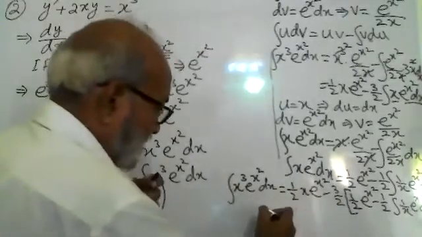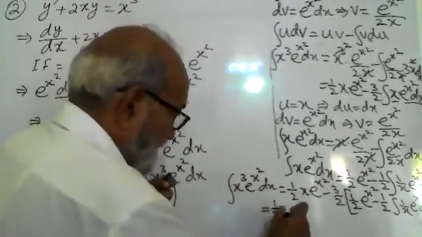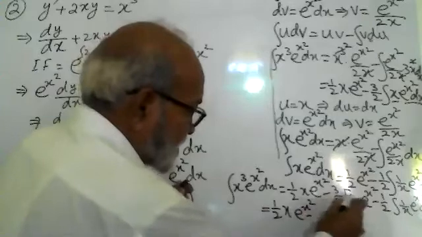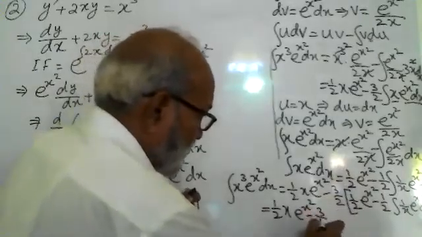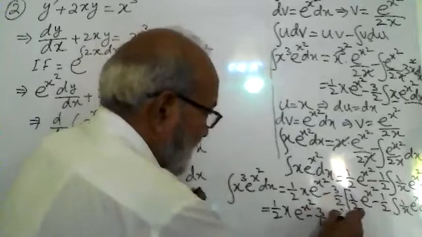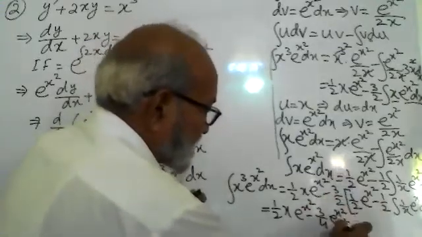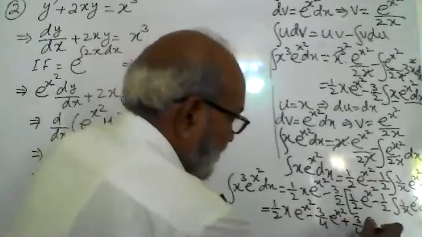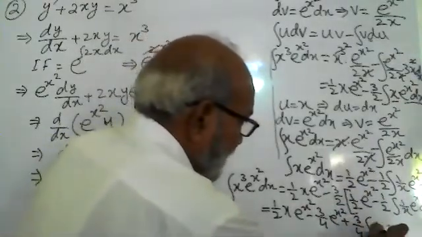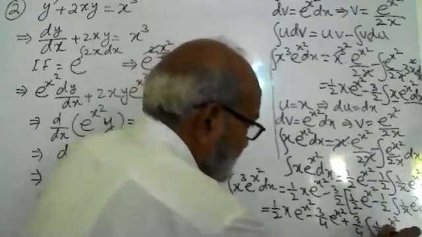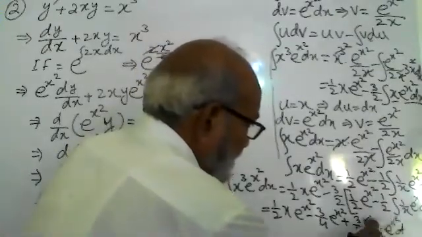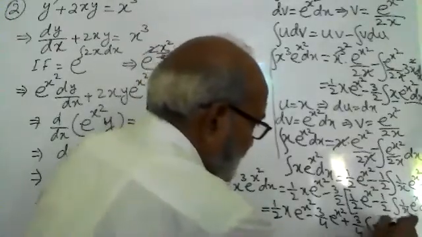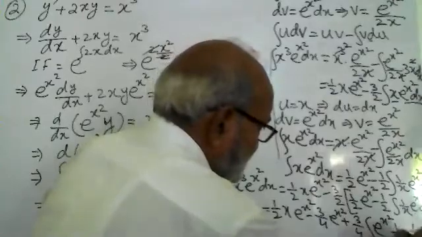Open this bracket. 1 over 2x e raised to power x square, multiplied by this one, minus 3 upon 4 e raised to power x square, and this minus minus plus 3 over 4 integral 1 over x e raised to power x square dx, or I am changing it to e raised to power x square 1 over x dx.